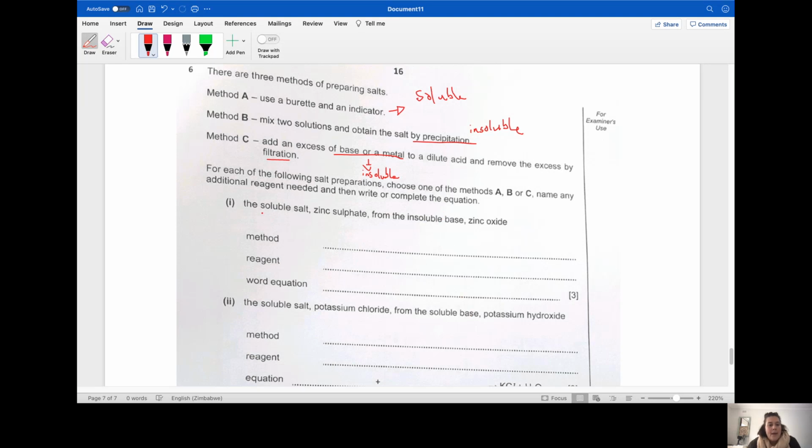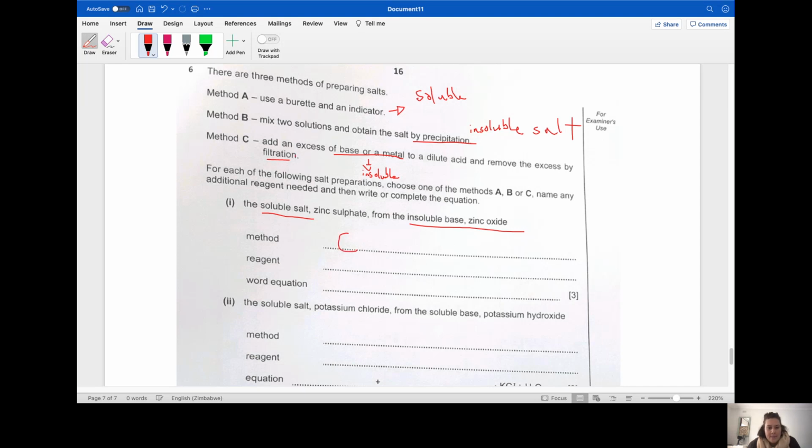So we are making a soluble salt. Straight away, it's not B, because that is making an insoluble salt. From the insoluble base zinc oxide, how do I do that?